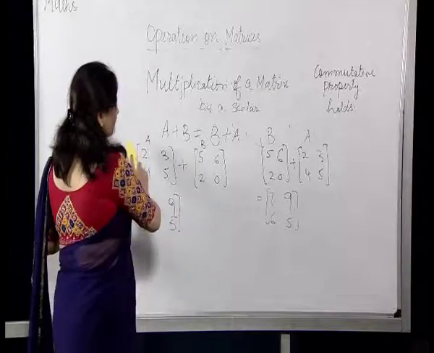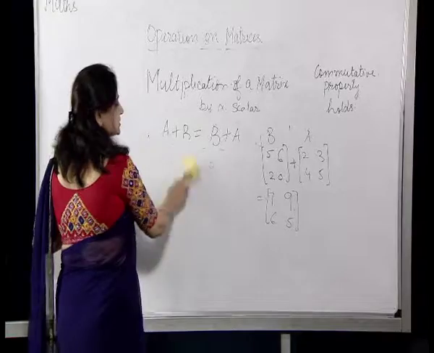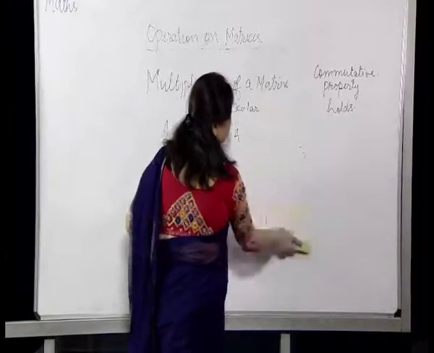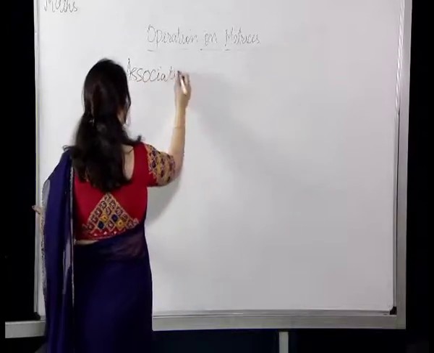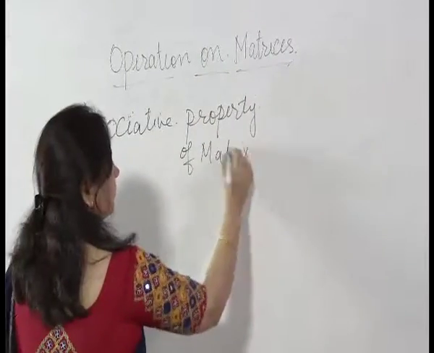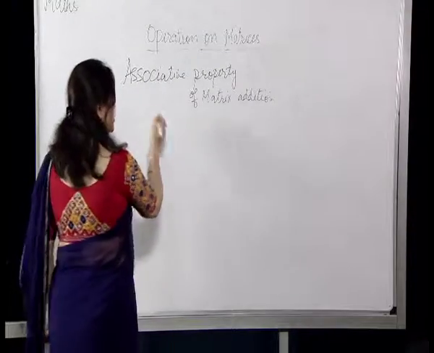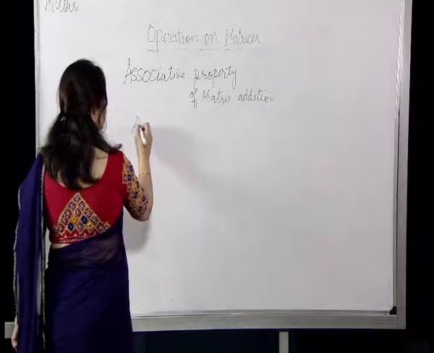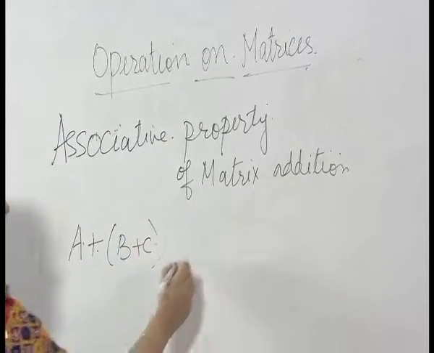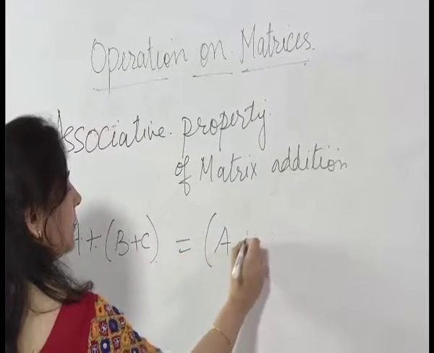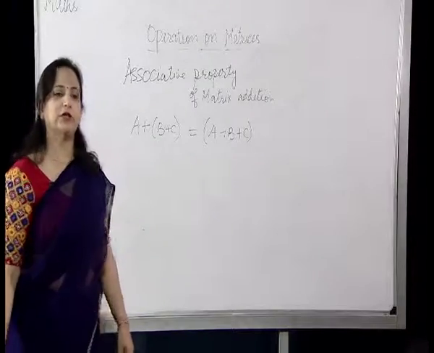Similarly, you have the next property, the associative property. You will see that the associative property also holds. That means (A plus B) plus C is the same as A plus (B plus C). So, what is the requirement for the three matrices?